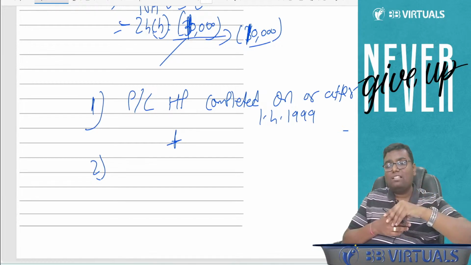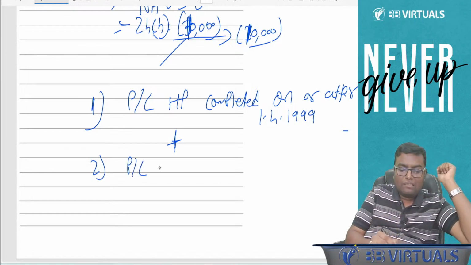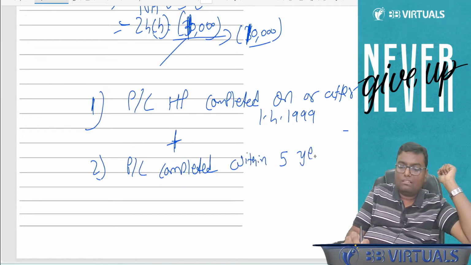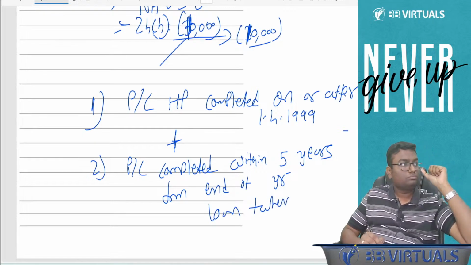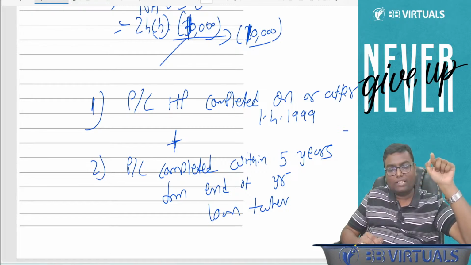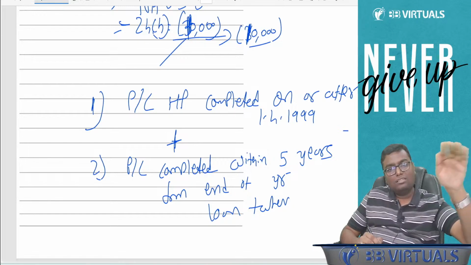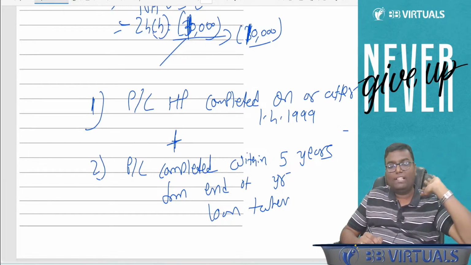Now the government is giving us the time of maximum 5 years that your purchase or construction should be completed within 5 years from end of the year in which the loan is taken. The financial year in which you take the loan, you have to see the end of that financial year. From that, up to 5 years, the purchase or construction should be completed.